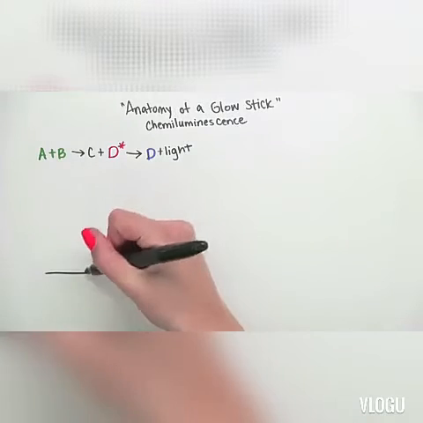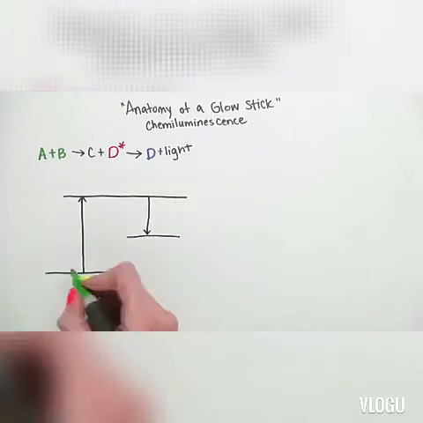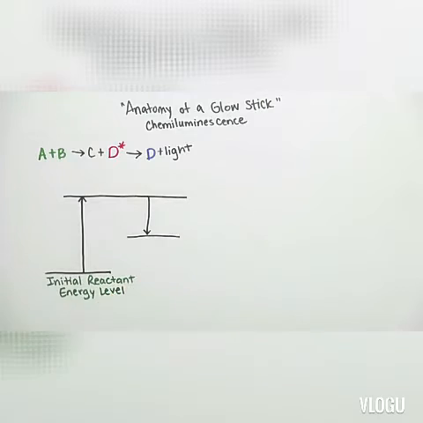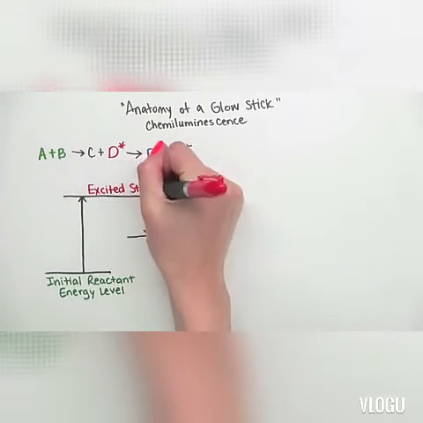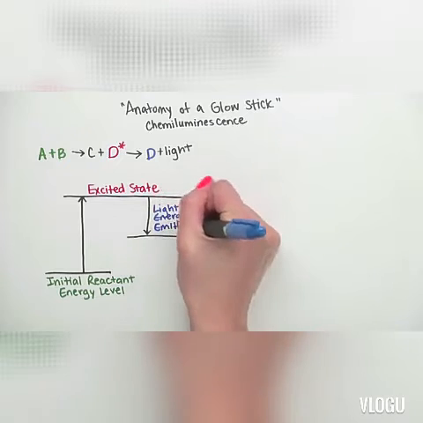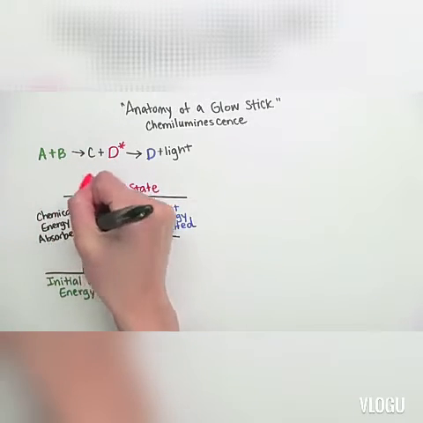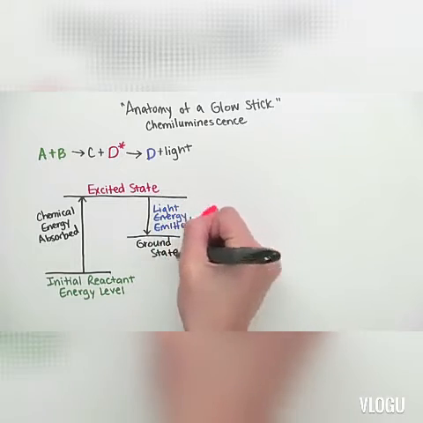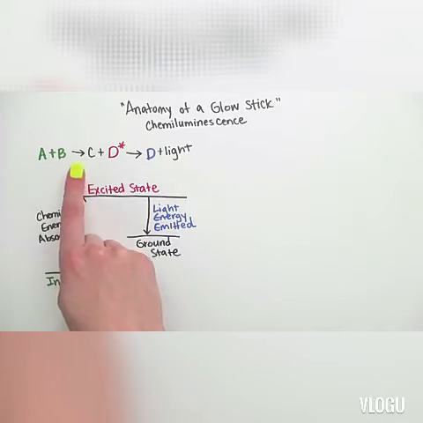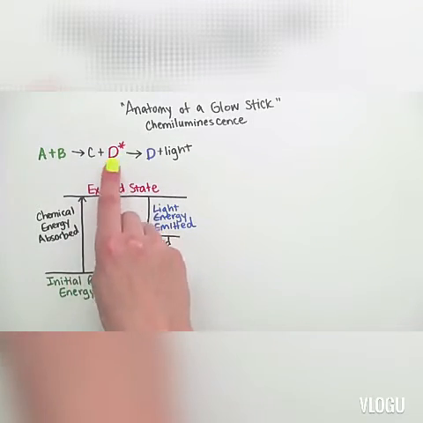Here's what's happening. This is the energy level of our reactants, A and B. When they react, they form C and D in its excited state.